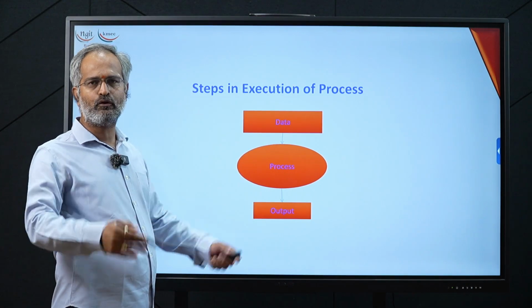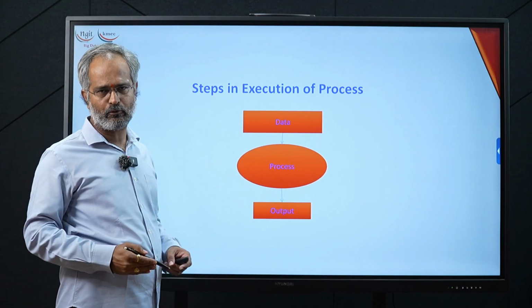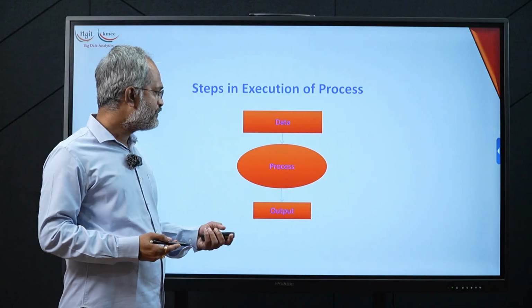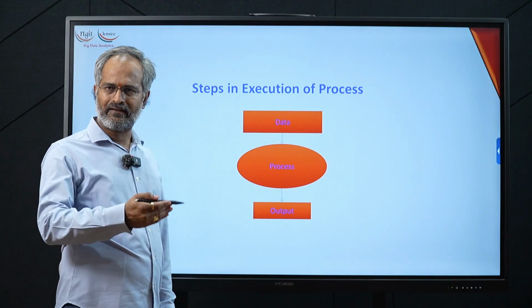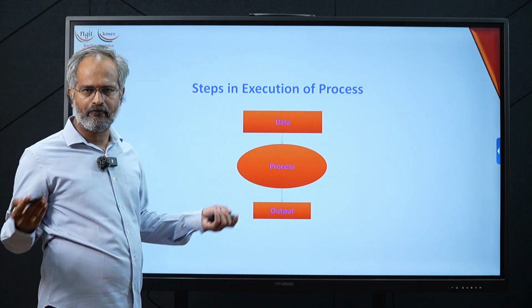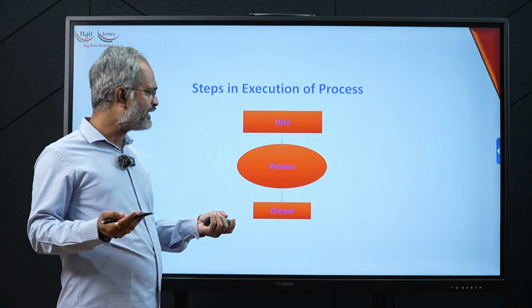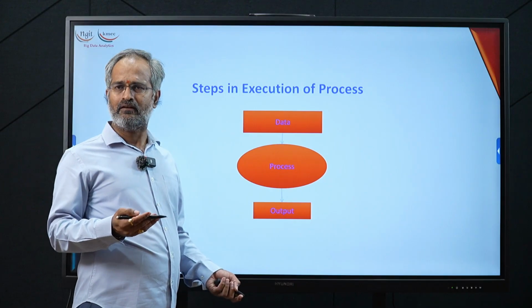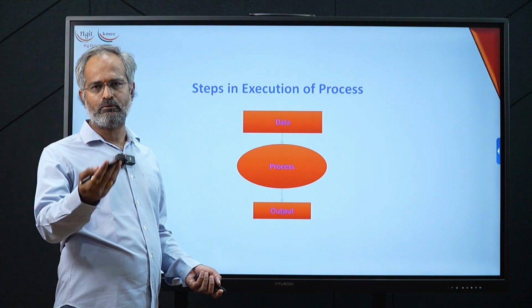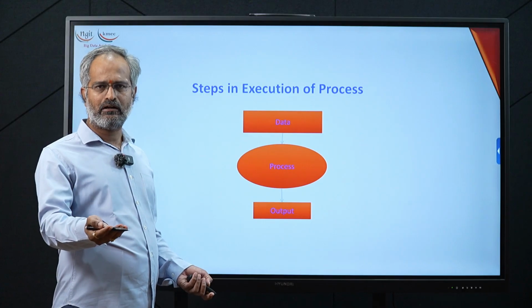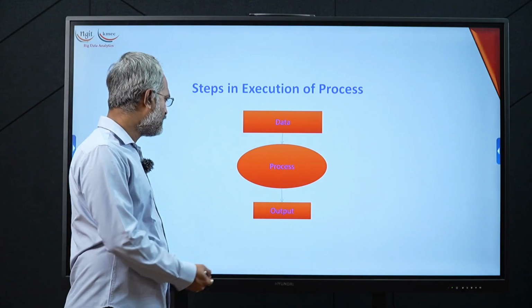If the data is huge, it will be in secondary memory, that is, on the disk. The output is also the same. If the output is a large amount of data, then we can go for secondary storage. Of course, sometimes we have to upload the output into a file.